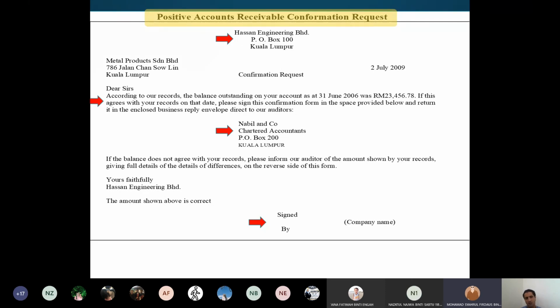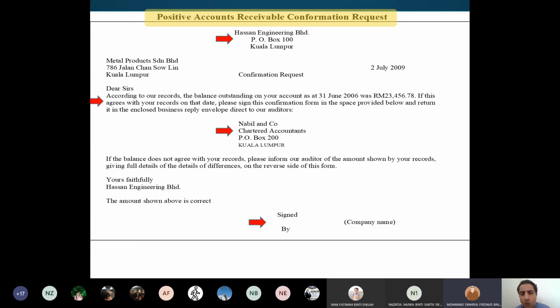If your balance does not agree with your records, please inform our auditor of the amount shown by your records, giving full details of differences on the reverse side of this form. Yours faithfully, Hassan Engineering Berhad.